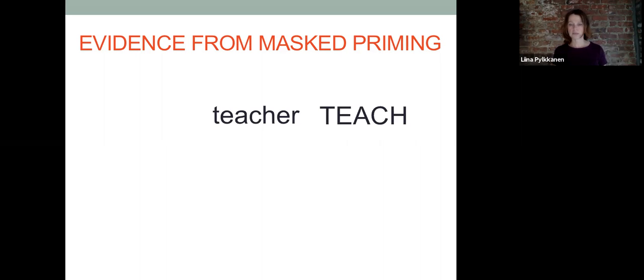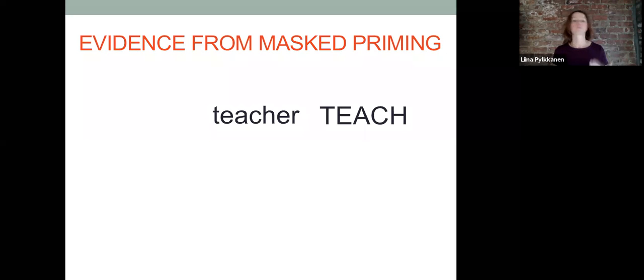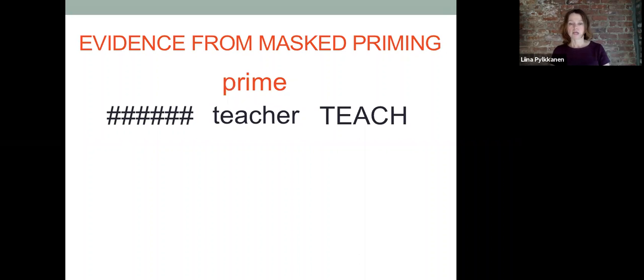So here would be our typical priming setup. We have a prime, let's just say teacher, and a target, teach. These are morphologically related, teacher, teach. And in a masked priming paradigm, you would oftentimes precede and sometimes even follow the prime with some kind of a character string that masks it or makes it even harder to perceive.